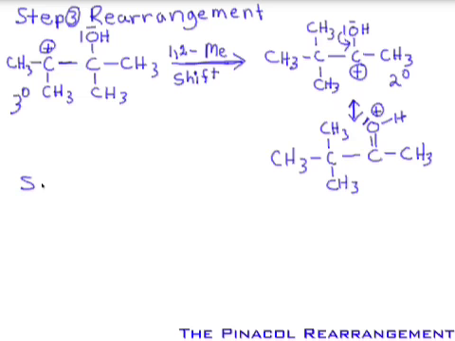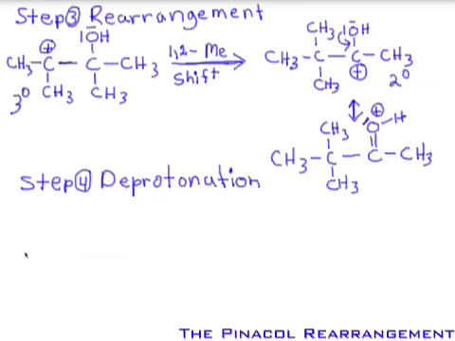Step 4, the final step, is deprotonation. Removal of a hydrogen to generate our alkene. Except, in this case, deprotonation does not form an alkene.